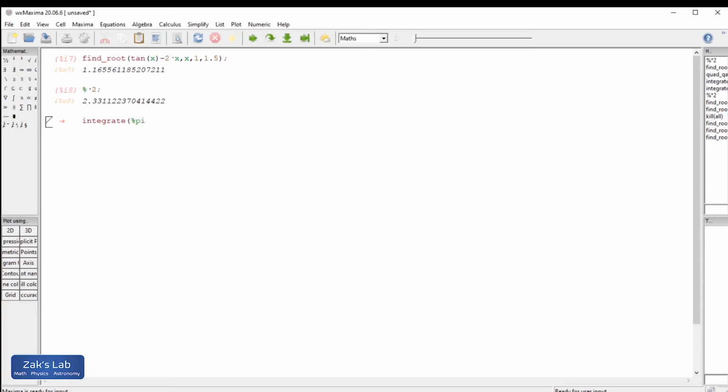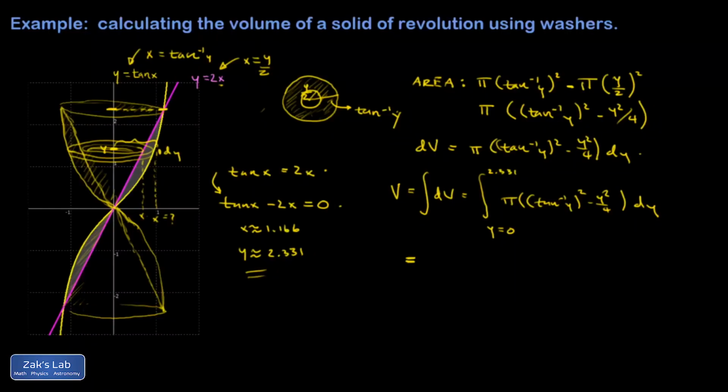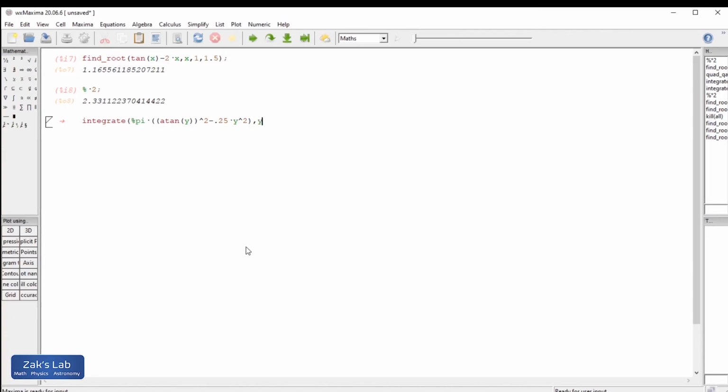So I have pi, that's %pi in Maxima, times inverse tangent, that's atan in Maxima, of y all squared, minus y squared over 4, so that's 0.25 times y squared. I think I've got the integrand correct. I'll just check real quick. Okay. And then as y goes from 0 to 2.331.